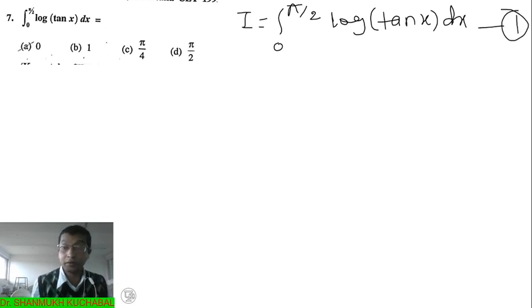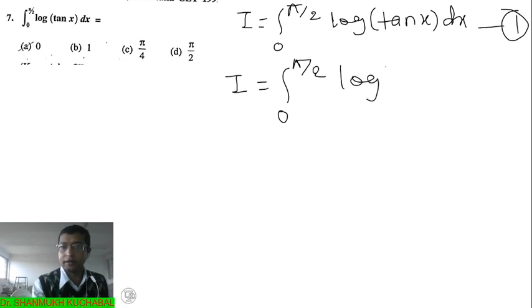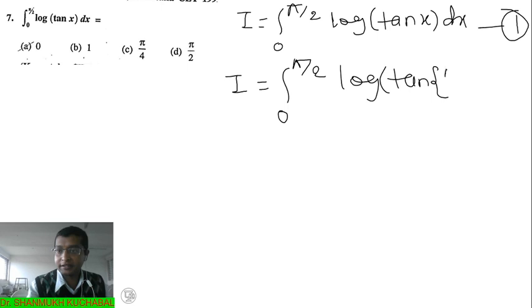We use the property of definite integration, that is I equal to, upper and lower limits as it is, we write log of tan. Now x we will replace by upper limit plus lower limit minus x, that is pi by 2 plus 0 minus x, right.